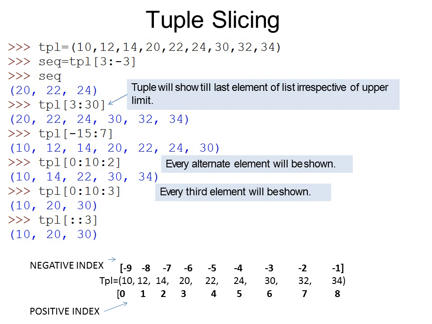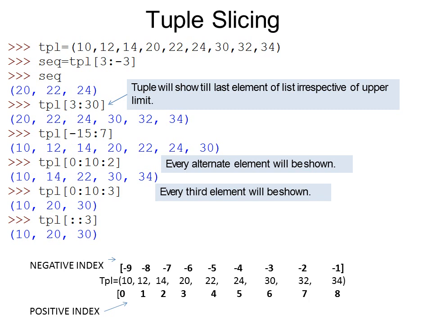My ending index value is 6. I'll be moving till 6. That means I'll be moving till 30. That means I'll be starting from -9 and I'll be moving till 6, that means value 30. So 10, 12, 14, 20, 22, 24, 30. This is the output from this execution command.